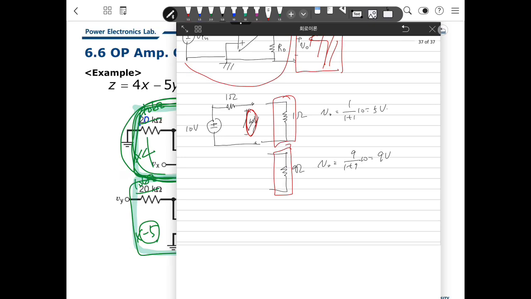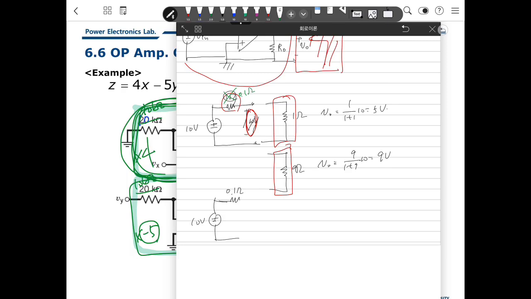Then if there is a series impedance here, with 10 volts, it is not 1 ohm, it is 0.1 ohm.